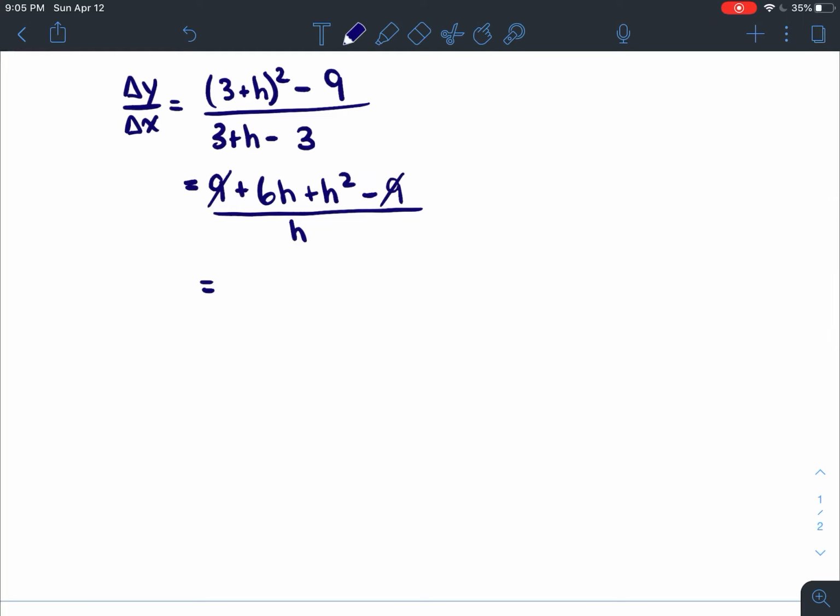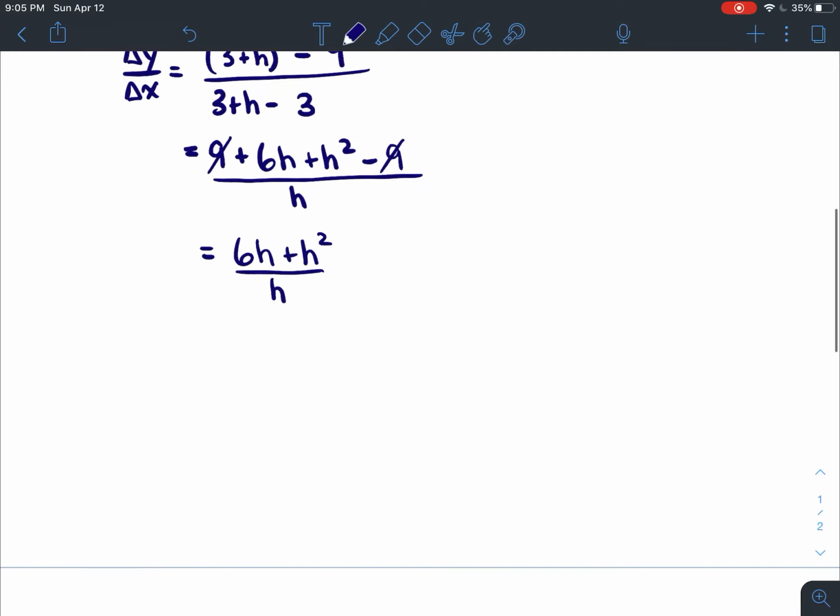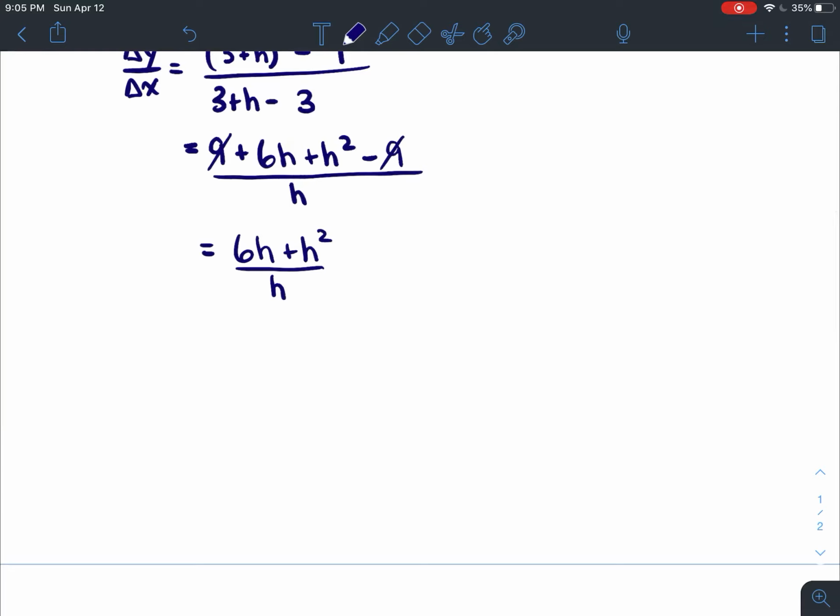On the top the 9s are going to cancel out, so we just have 6h plus h squared divided by h. If I keep simplifying, I'm noticing that they all have an h, so I'm going to factor out an h on top.